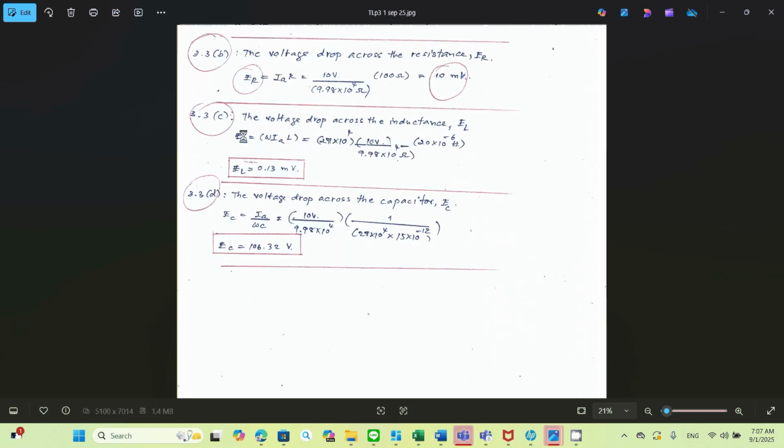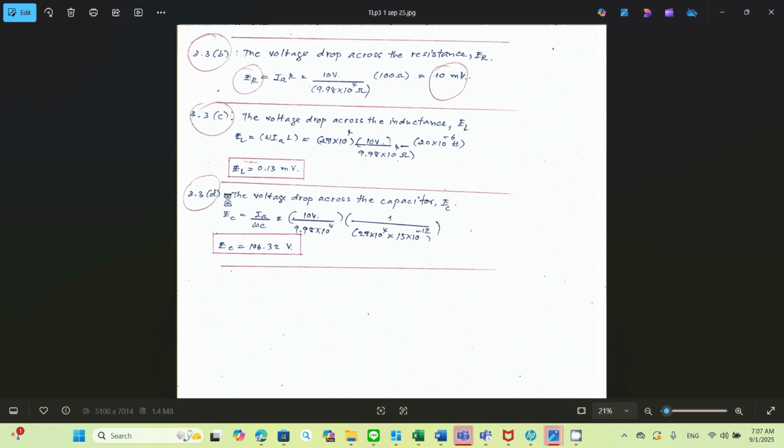Next, 3.3c, the voltage drop across the inductance, E_L, where the magnitude of E_L equals omega I_A L. Just plug in the numbers. You know that the frequency is 10 kHz, that's 10 to the 4th. You end up with the voltage drop across the inductor equal to 0.13 millivolt.